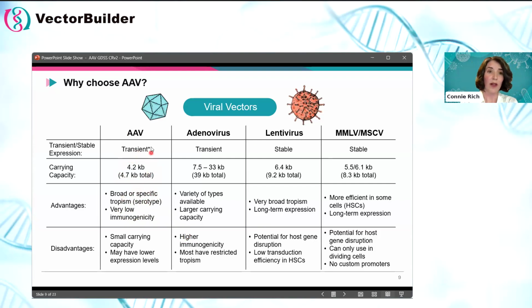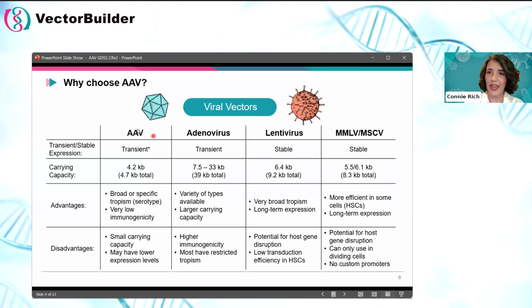Additionally, while AAV is transient, because it remains as an episome, if you use this in non-dividing cells, it is going to allow for really long-term expression.